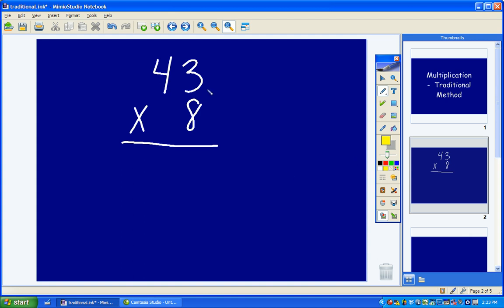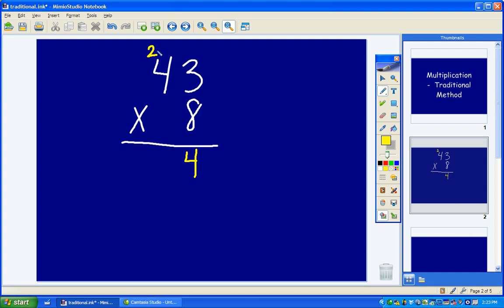The first thing I'm going to do is I'm going to say 3 ones times 8 ones, and I know that's 24, but I cannot have 2 digits in a 1-digit's place, so I'm going to put the 4 down and regroup that 2 sets of 10. So I'm regrouping 20.